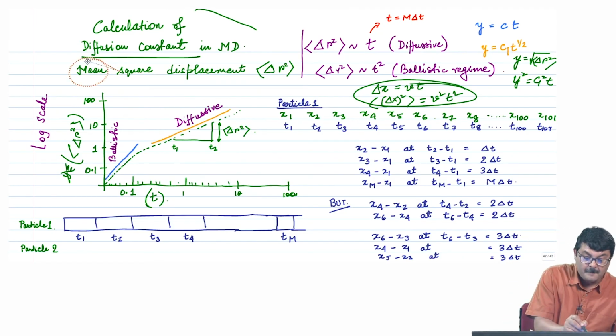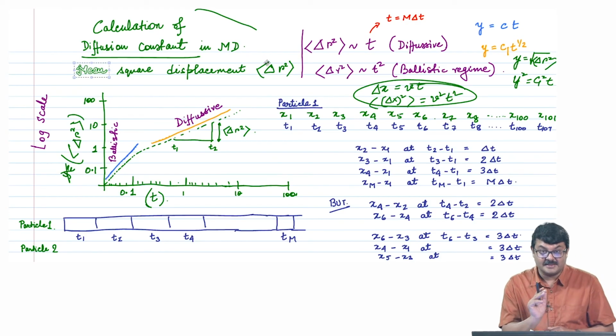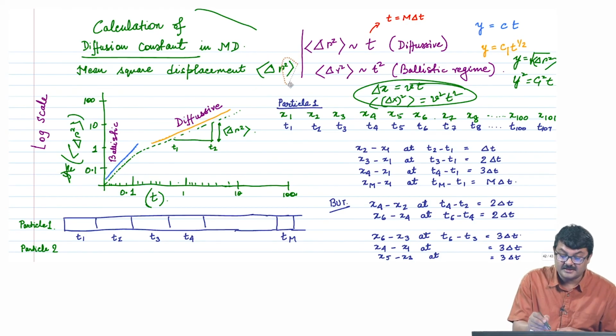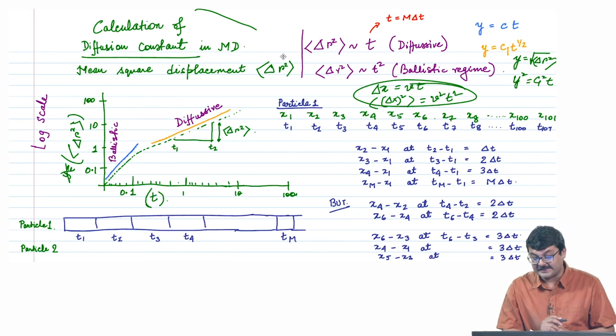We are after mean square displacement. The question is, you can calculate the displacement, you can take the square. How do you calculate the mean? So, the part we are discussing is actually how to take the mean, how to get a quick and good value of the mean, this expectation value, these angular brackets.